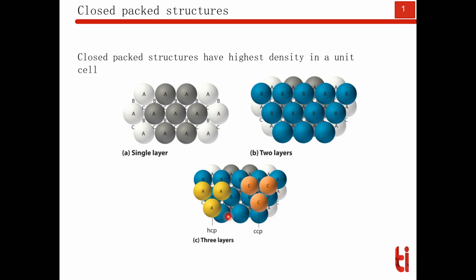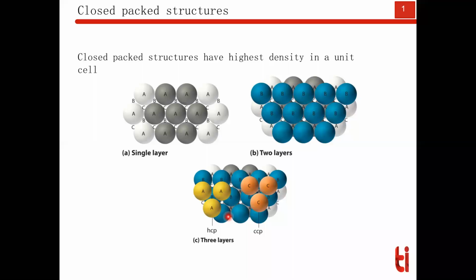In today's class, we are going to focus on a three-layer design, which is HCP. That is, you have an atomic layer A, whose valleys are being occupied by atomic layer B, and then you have a repeat. So on the top of B, you will again have an atomic layer A.